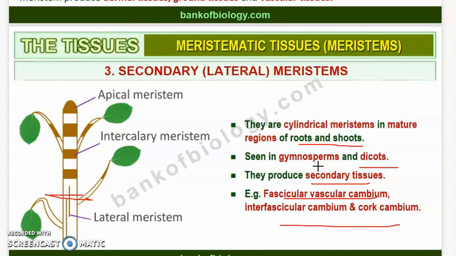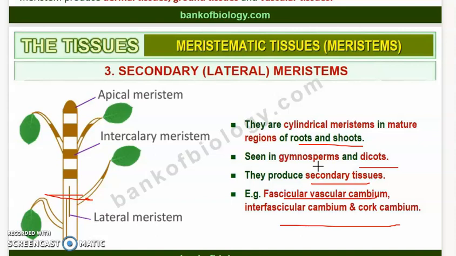Okay, and examples of this secondary or lateral meristem are fascicular vascular cambium, interfascicular cambium, and the cork cambium. Okay, so these are the examples of lateral meristems, and they are the ones responsible for producing the secondary tissues. Primary tissues apical meristemum, intercalary meristemum primary tissues form ചെയ്യും.